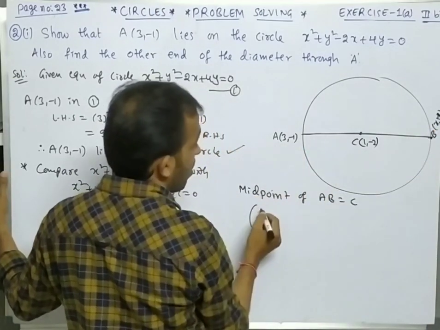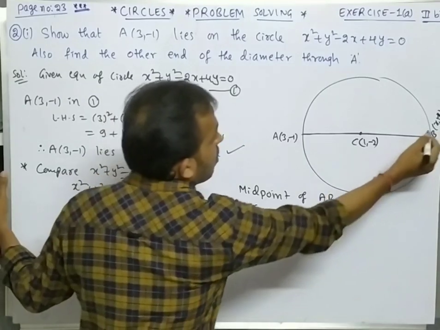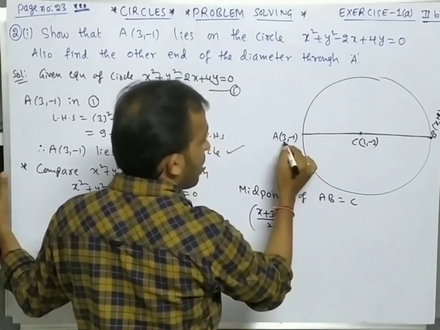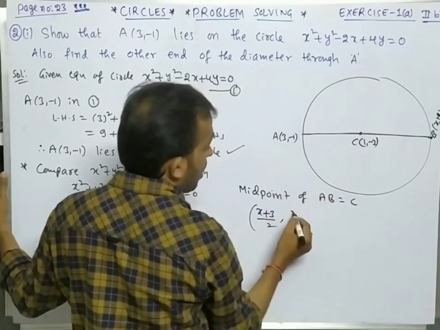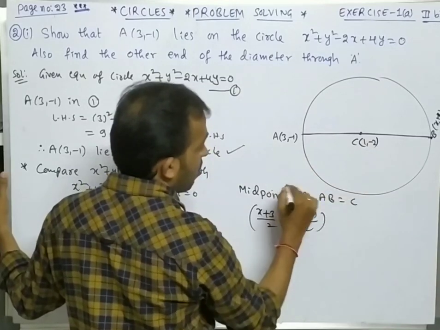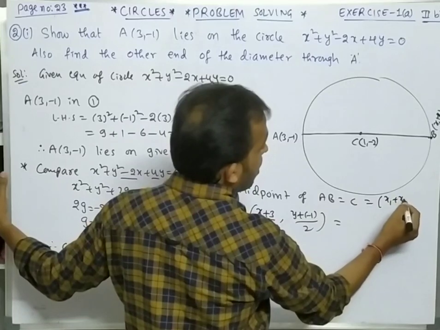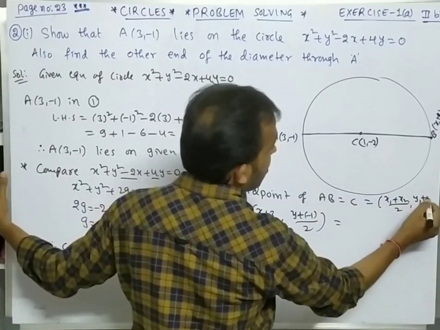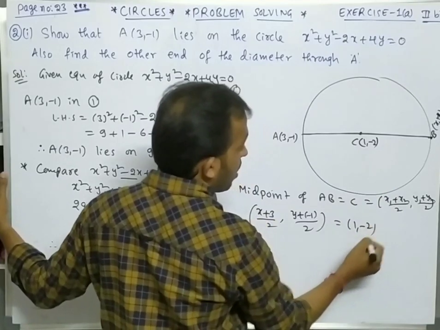Then (x1 plus x2) by 2 means (3 plus x) by 2, and next (y plus minus 1) by 2. (x1 plus x2) by 2, (y1 plus y2) by 2 is equal to C. C value is (1, -2).